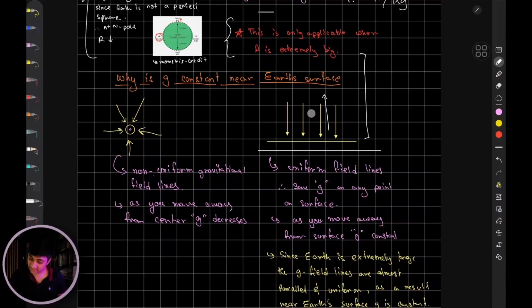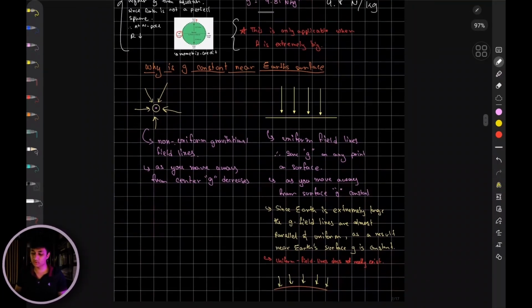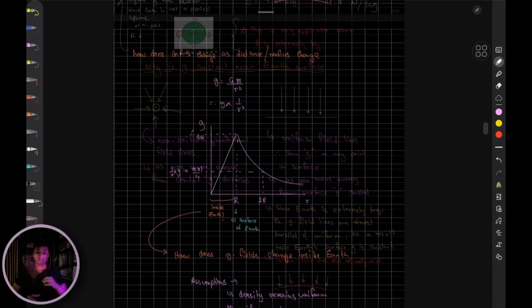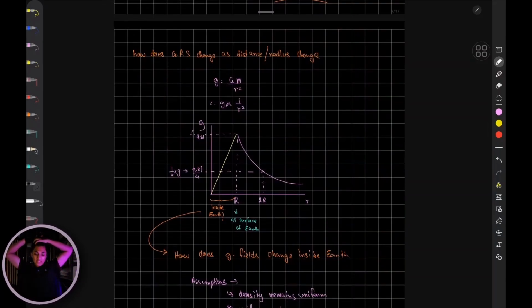Therefore, the field strength does not change much with a small increase in height or altitude. Therefore, due to uniform field lines near the surface of Earth, your gravitational field strength stays approximately equal, which is 9.81, right? The next thing we're going to talk about is how gravitational field strength changes as distance or radius varies.